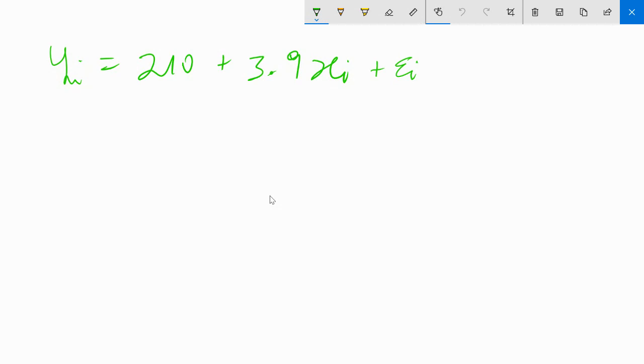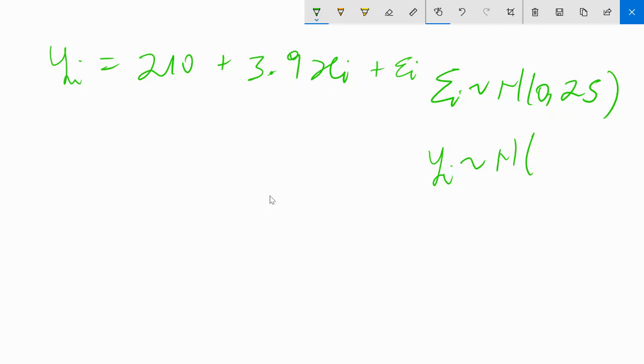We know that the errors ei are normally distributed with a mean of 0 and a variance of 25. This tells us that yi is also normally distributed with a mean that we don't know and a variance of 25.